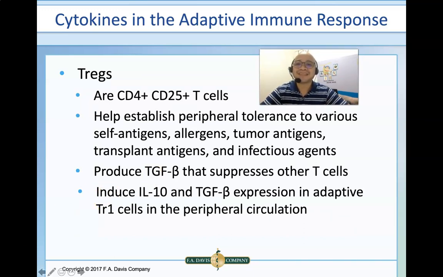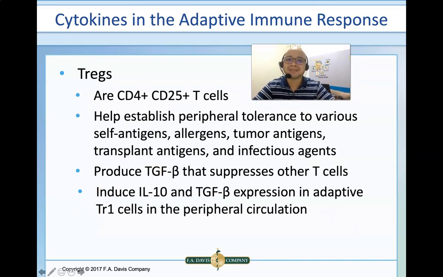Tregs. Tregs are cell populations that have the following markers: CD4 positive, CD25 positive T cells. Tregs will help peripheral tolerance to various self-antigens, allergens, tumor antigens, transplant antigens, and infectious agents.